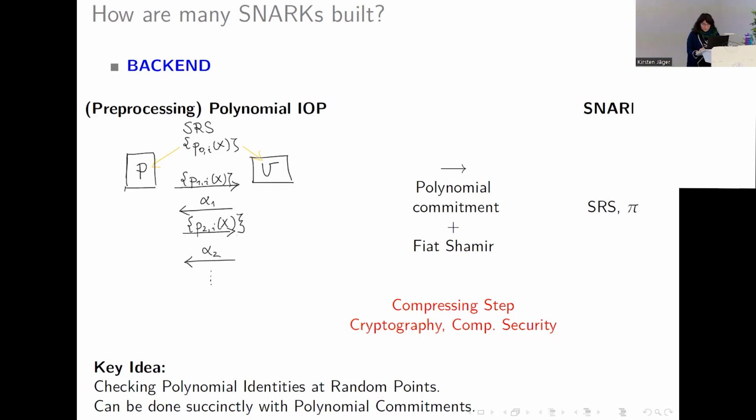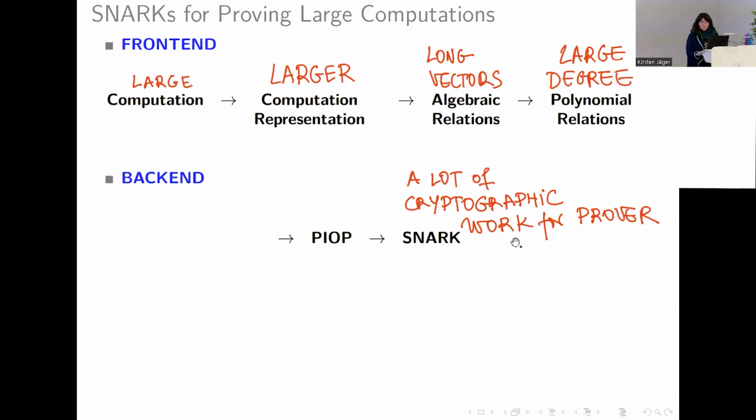So this is how you build SNARKs, and when you are thinking about how efficient this is, we start with a large computation, and then we rewrite this computation in a restricted model where only certain operations are possible. Then of course this moves into a larger computation, because it's not your native way of expressing the computation. And then it means that when you move to this algebraic relation, you will have super long vectors.